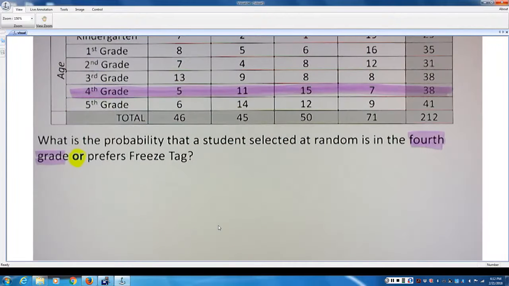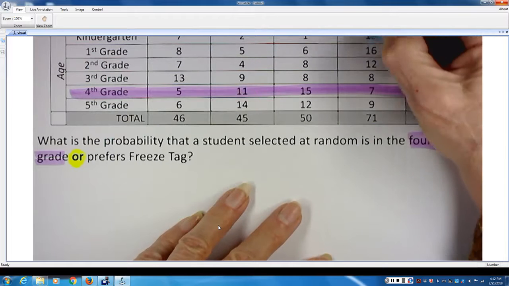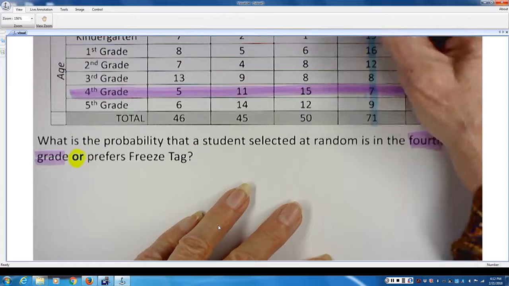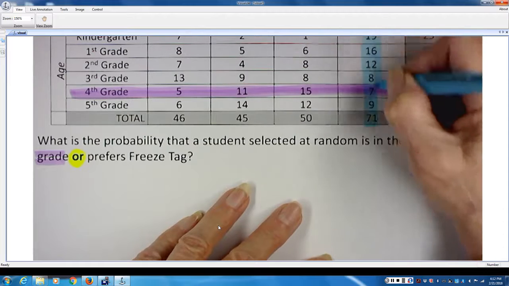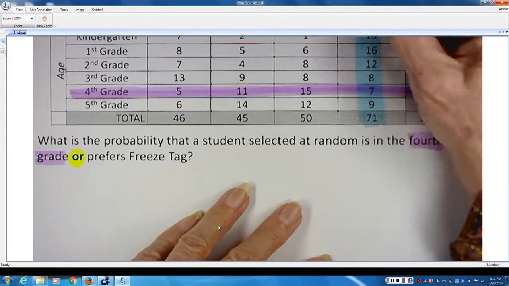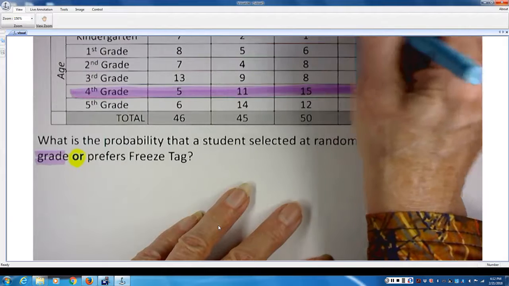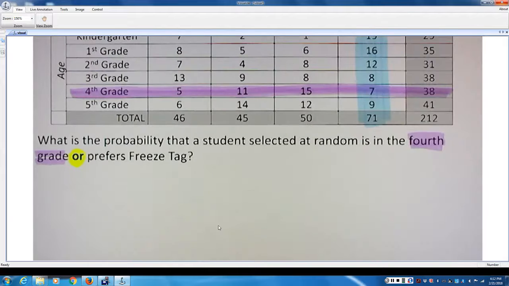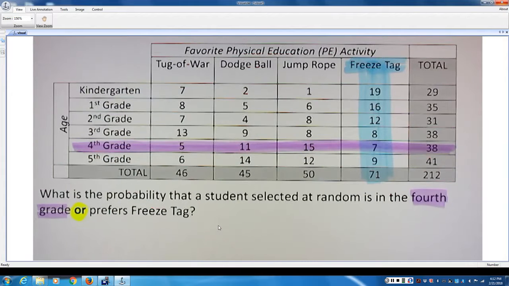That's all my 4th graders. There's all the kids that prefer freeze tag. How many total are in one column or the other? One group or the other?